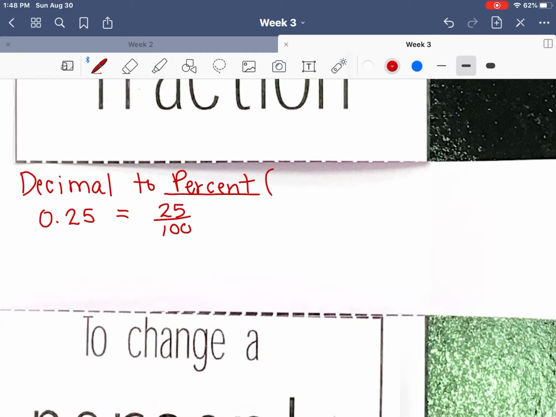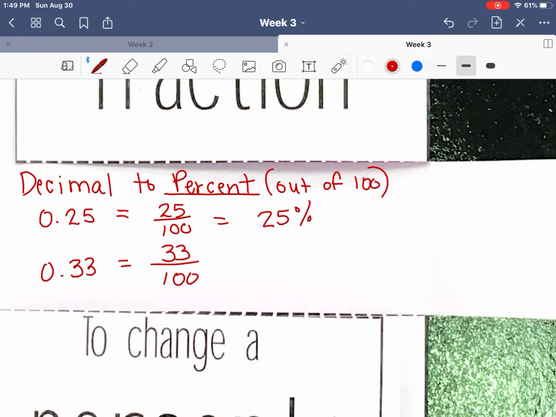Percent means out of 100, so this is equal to 25%. Now, it won't always be that easy because you might have a decimal like this. Oh, wait, maybe it is always this easy. If I have this decimal, 33 hundredths, that's 33 out of 100. That's 33%. This is the easiest part that we do, changing a decimal to a percent.